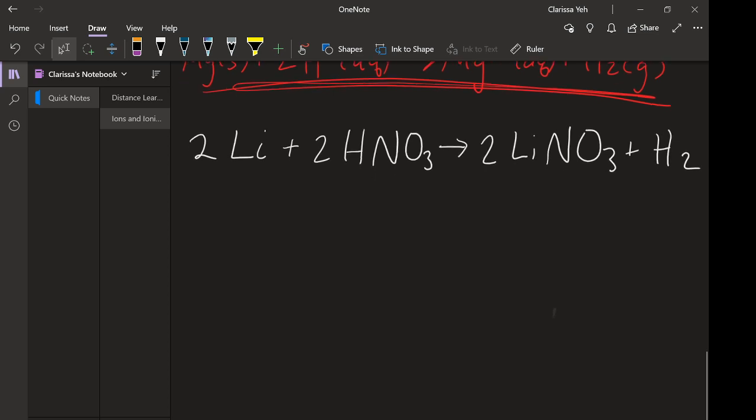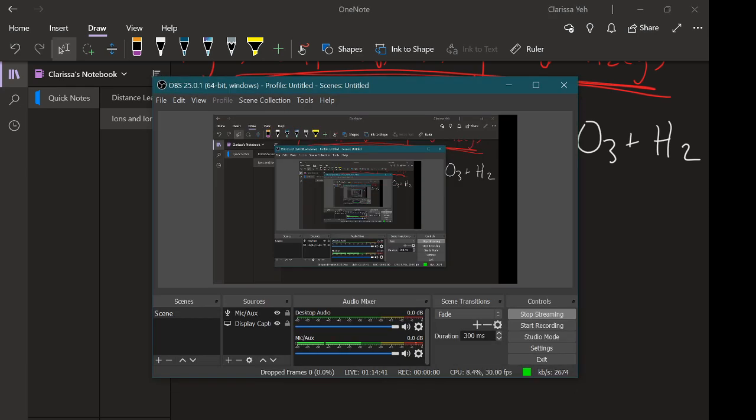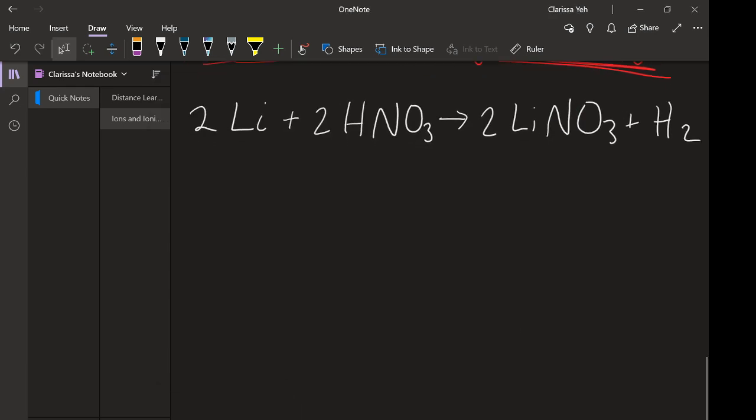Okay, so we are going to be splitting the two compounds here. So I know that these are compounds, so they're the ones that are going to get split. Anything that's an element on its own, well, you can't really split the elements, so we're going to leave them as is. So the 2 Li, lithium is a metal, so that means it's solid.